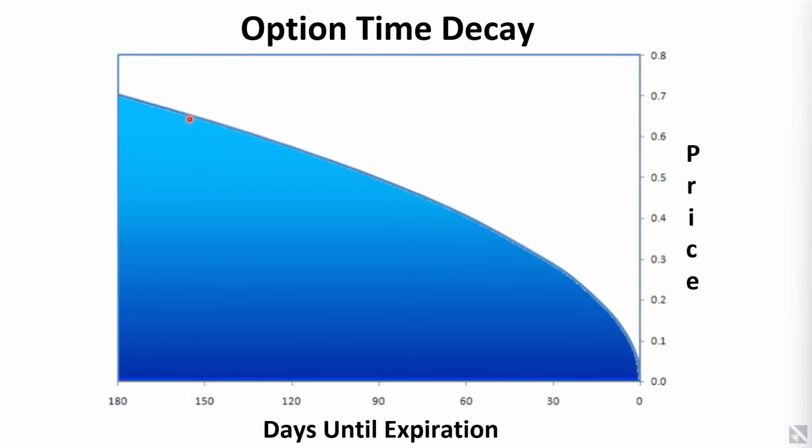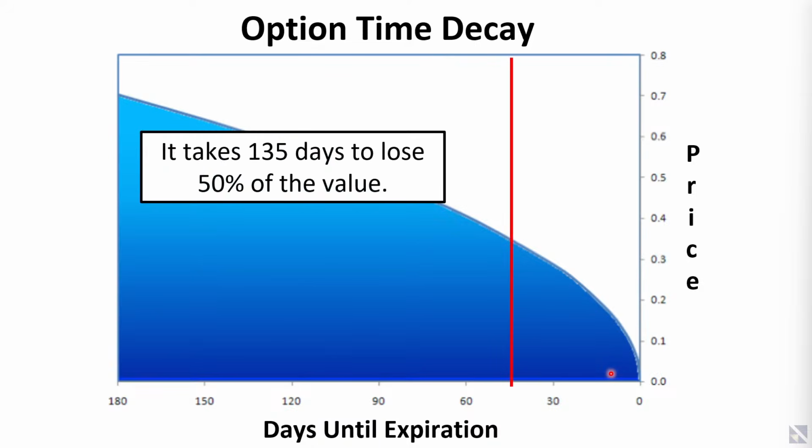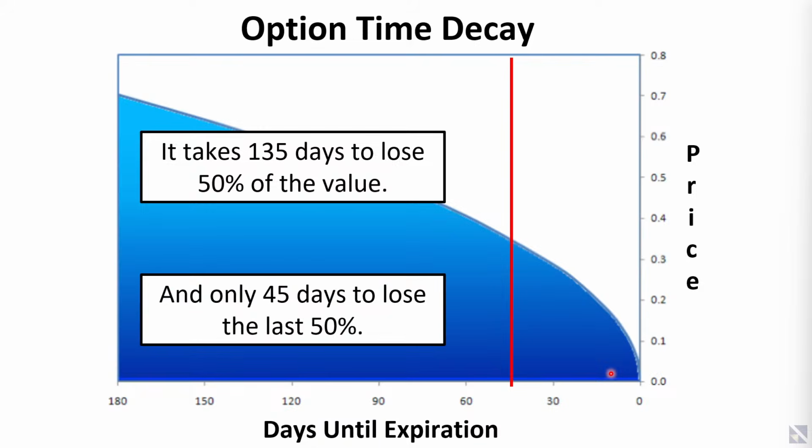The only thing that changes is time. And down here you can see as, let's say 180 days ago until the day of expiration, the option price does this. What I want you to notice here is that it takes 135 of those days for the option to lose half of its value. In the last 45 days, it loses the other half.